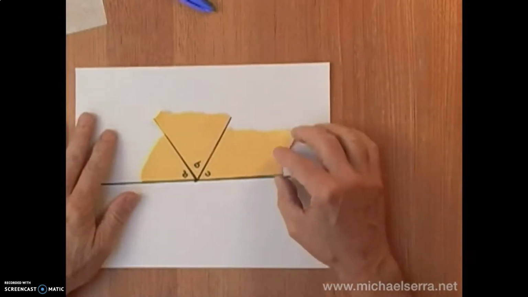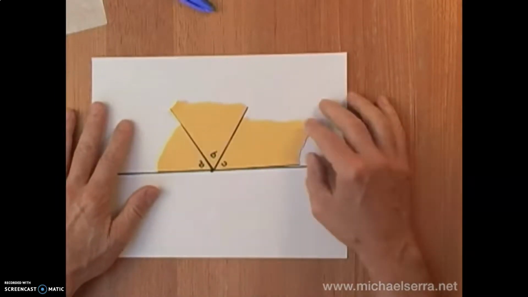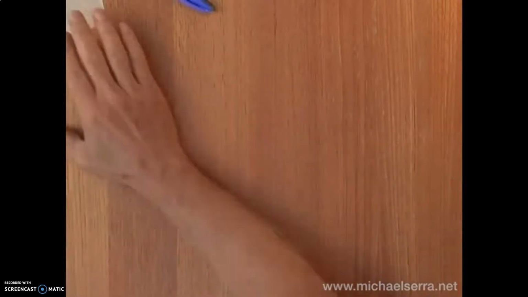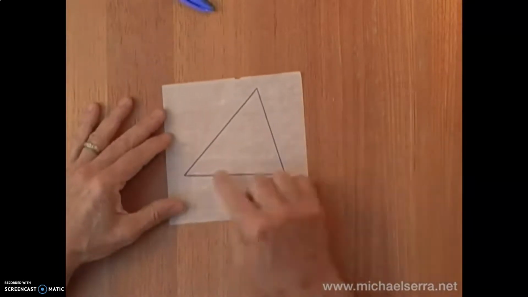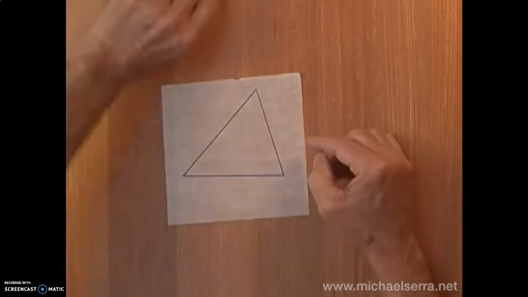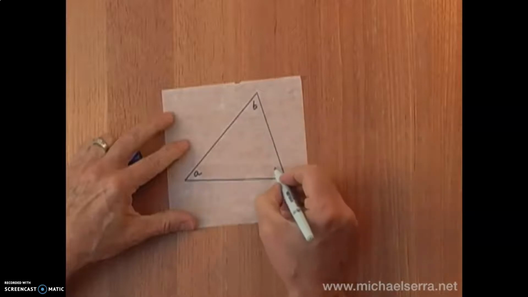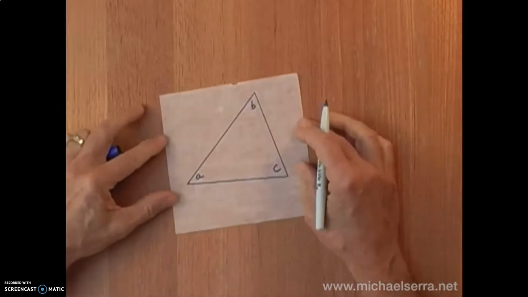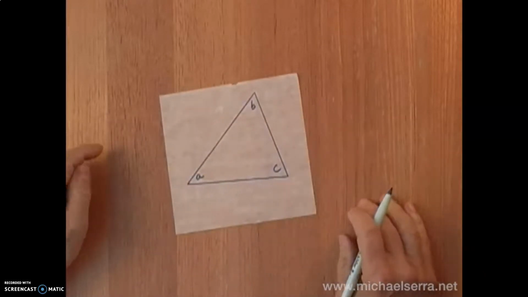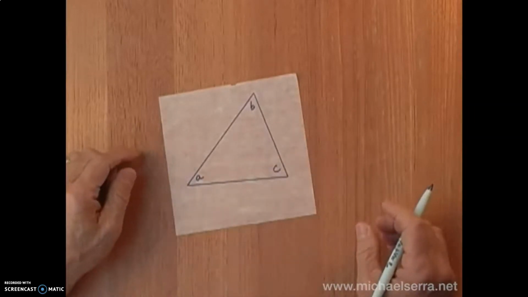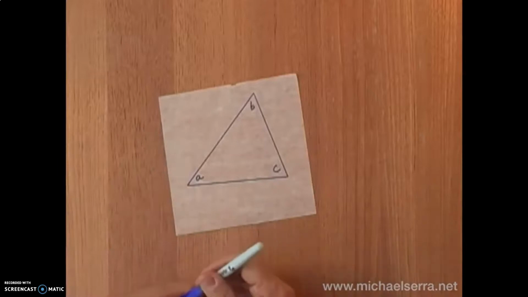So here was the second method again, just to remind you. He likes to remind you of things over and over. And now he takes patty paper, paper that you can see through. You can see that it's pretty thin paper. And he's going to call those A, B, and C. So those are the measurements of those angles inside that triangle.